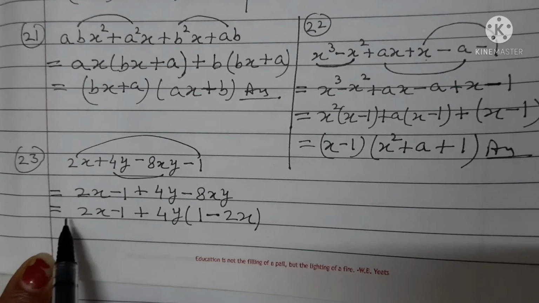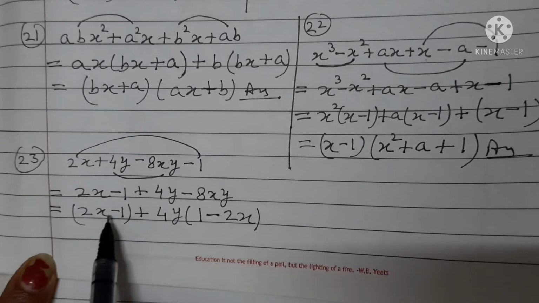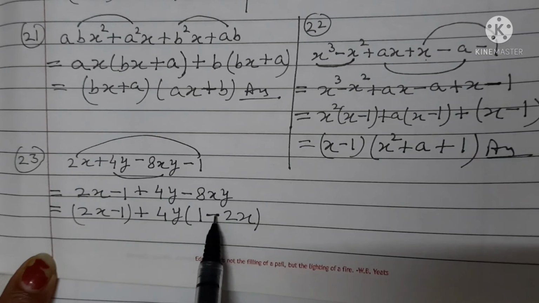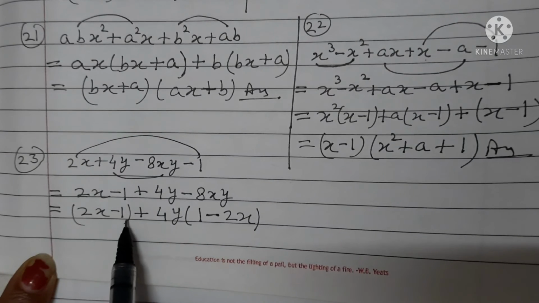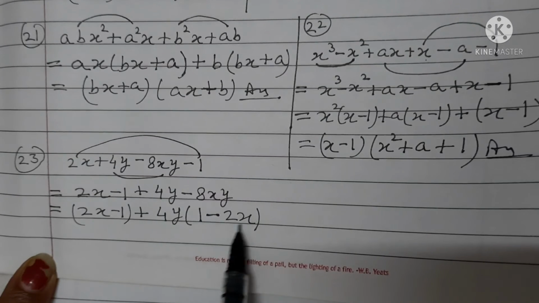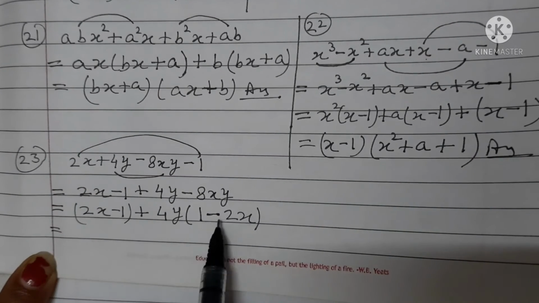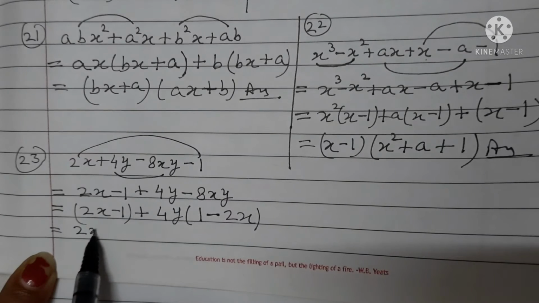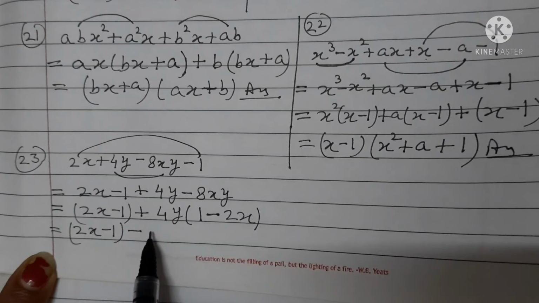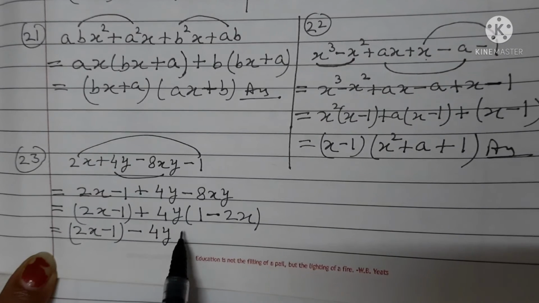Now see these two: 2x - 1, and here 1 - 2x. It means you should take the minus sign common. So write 2x - 1 as it is, and take minus common, so minus 4y.